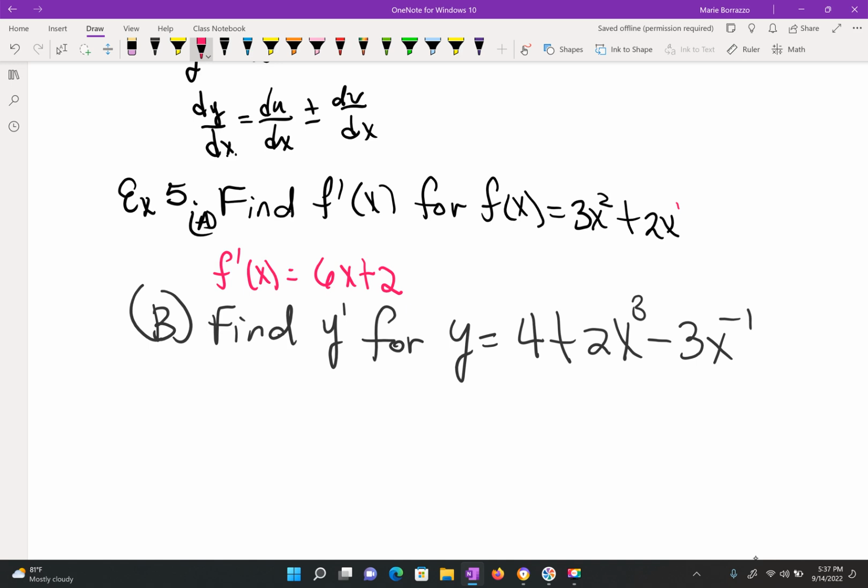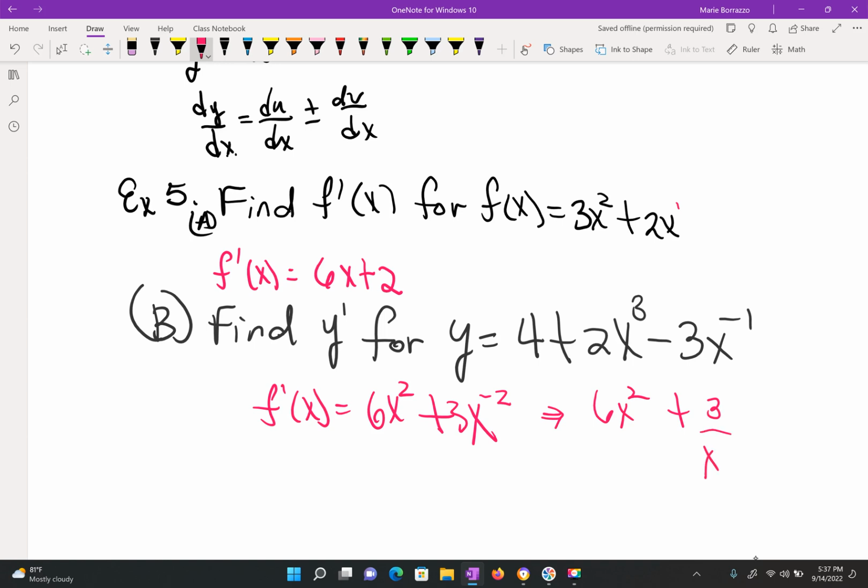I hear it. 6x squared minus, or plus? That'd be plus 3x. So you can either write this as 3x to the negative 2, or you can re-express this as 6x squared plus 3 over x squared. Okay. Either way.